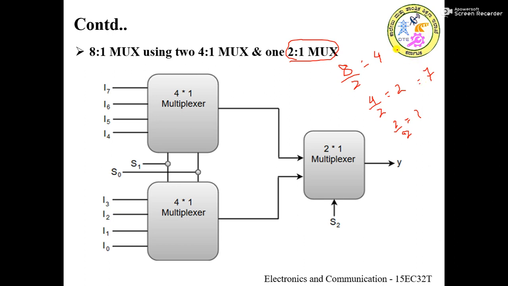Among them, the first 4 2:1 muxes share a common select line, and the next 2 will share again a common select line, and finally this one will have its own select line.